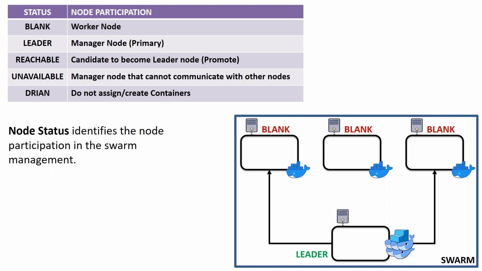So at any point of time, in a particular cluster, there can be many workers, but there will be only one leader. Like in an organization, in a team, there will be only one manager, and all the other people will be regular employees. The same way, remember, the leader is the machine with which you are going to communicate, and that has the ability to communicate further to all the workers.